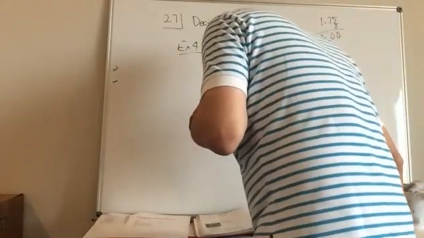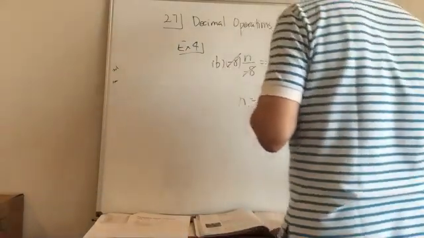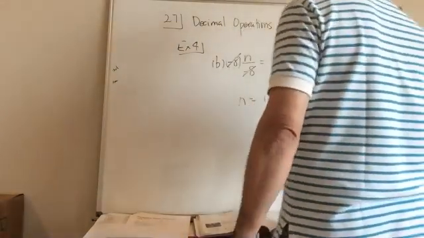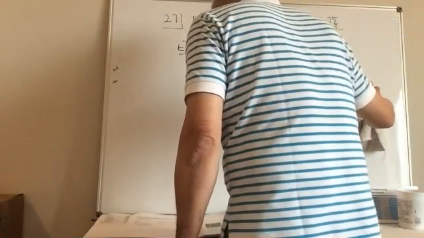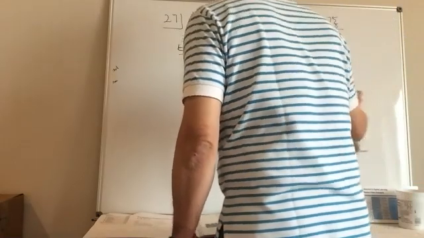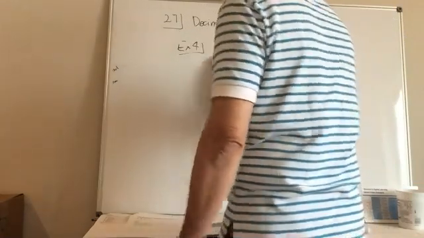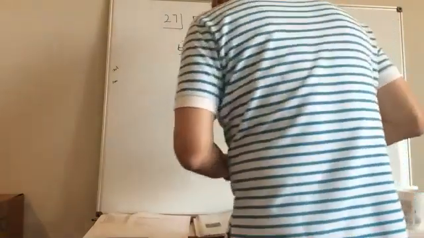And last but not least, we have a word problem. Let's see if we can work it out. When a chipmunk hibernates, its weight decreases by about 0.31 pounds. In other words, as it hibernates, it's going to lose 0.31 pounds.